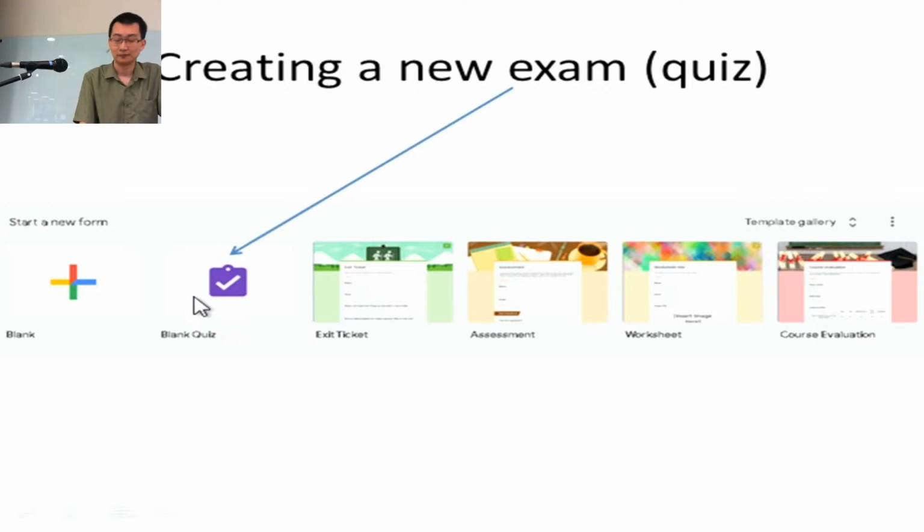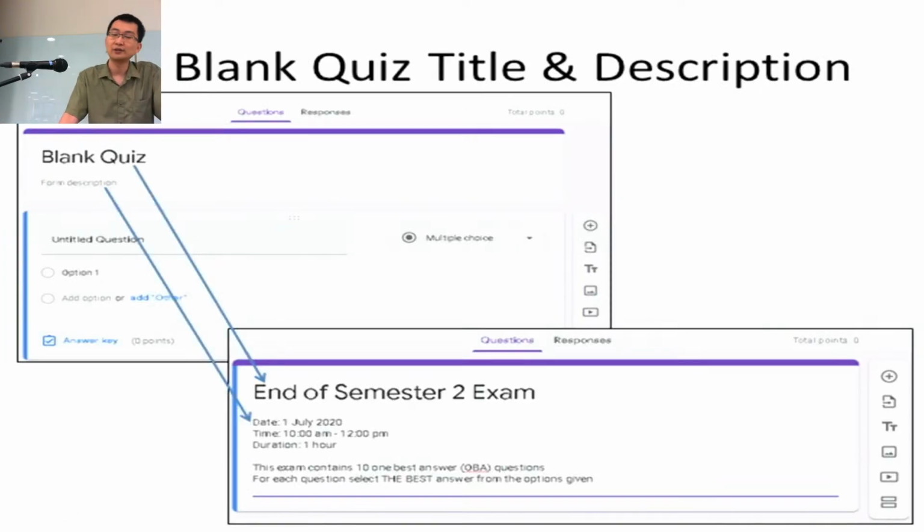Then you come to a screen that shows the words blank quiz and form description. For the blank quiz, you can write the name of the exam, for example, end of semester 2 exam. And for description, you can just write the date, time, duration, and some little explanation regarding the exam. So I'll give you some time to test it out.